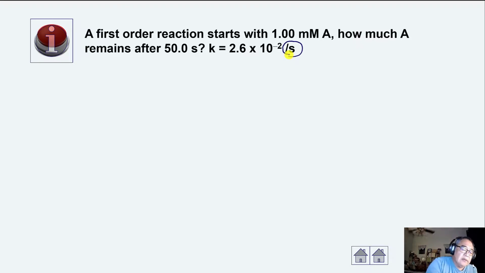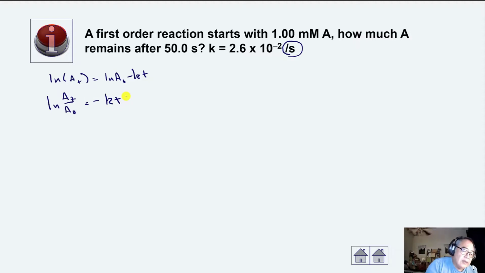So again, there's different forms of the equation. It's really important that you pick the right one. So there's natural log AT equals ln A0 minus KT. There's another one: ln AT over A0 is equal to minus KT.